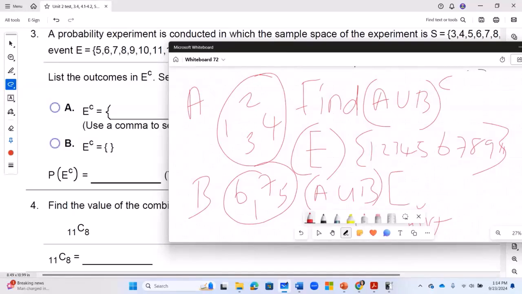This one defined it all. So I can start: 1, 2, 3, 4. They are in A union B. 1, 2, 3, 4, 5, 6, 7. I just have to write each one time. And this is A union B.